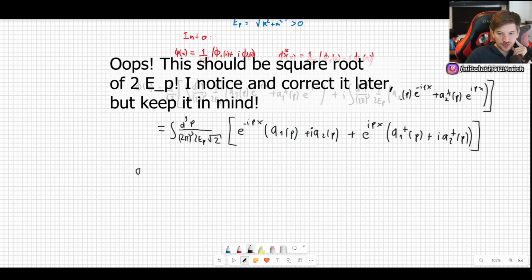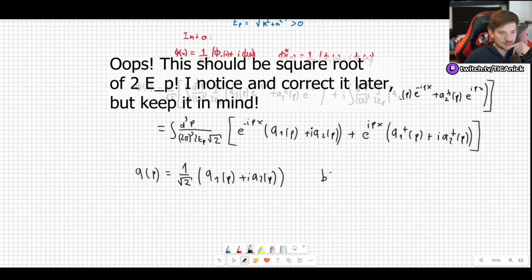So now we can introduce the operators. a(p) is going to be 1 over the square root of 2. That's going to absorb this part, and this is going to be a factor of the things that we have here. Oh, I didn't close that parentheses. So this is a_1(p) plus i a_2(p).